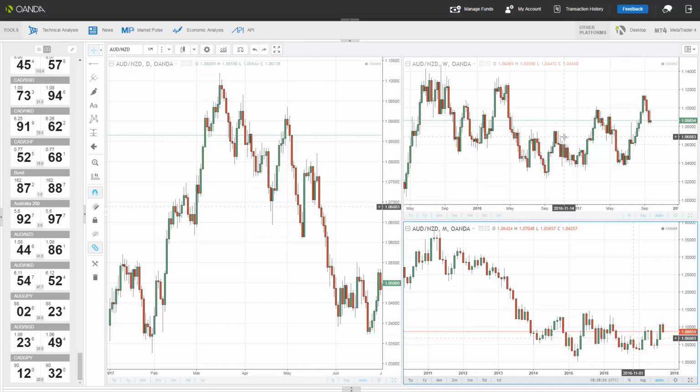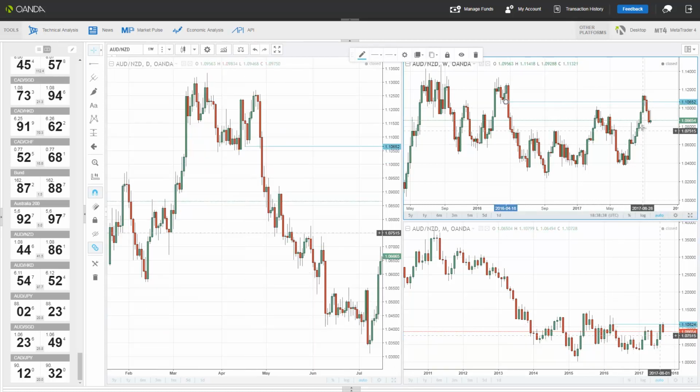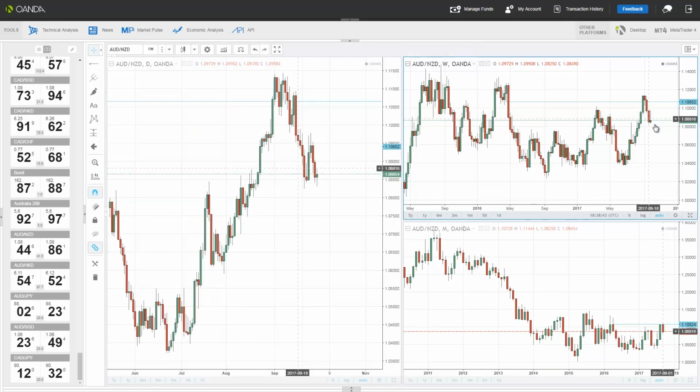On the weekly, we have this quite nice supply zone over there, and we can also highlight the last demand, which is over there.